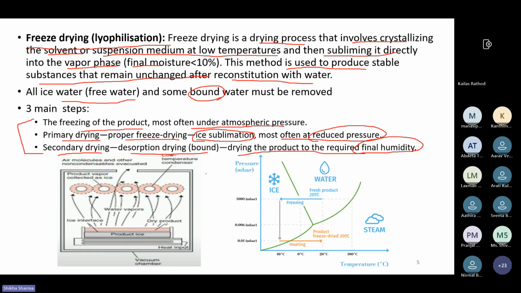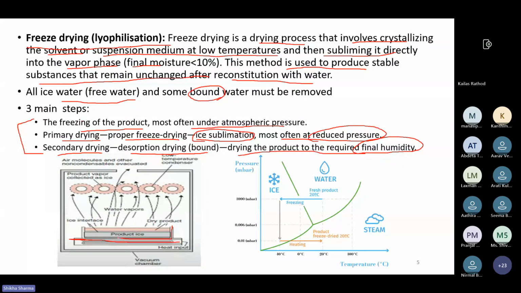Like we can see in the picture, on the left hand side is the freeze drying process, where we provide heat through conduction to the food product.